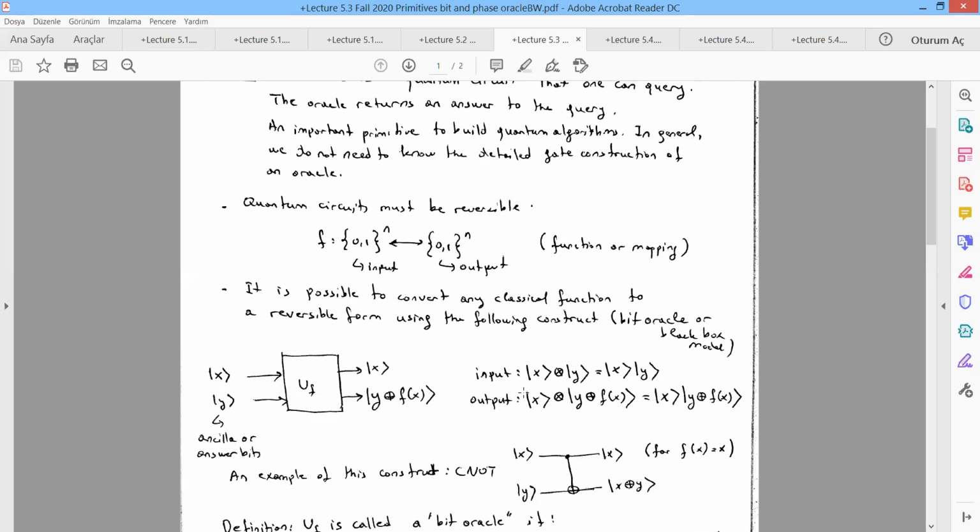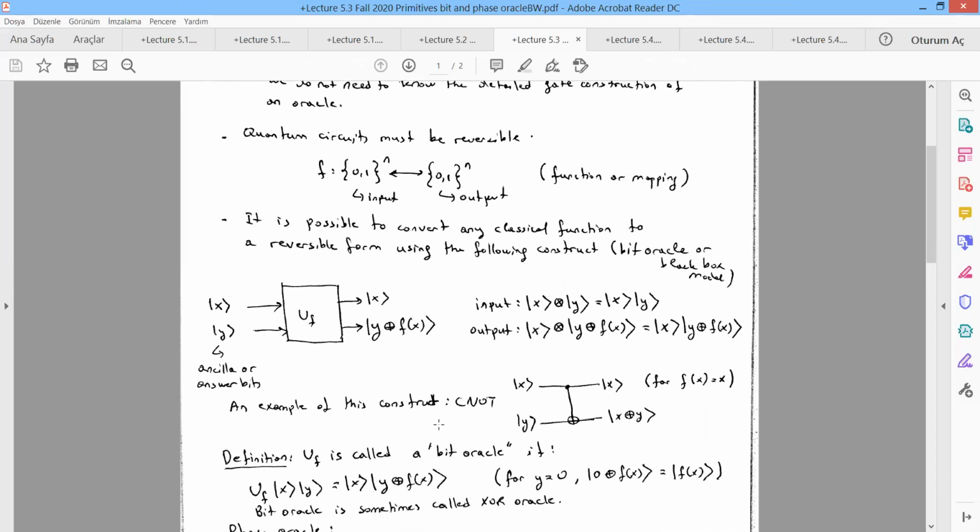So in the input, we have |x⟩ tensored |y⟩. This is our input. And in the output, we have |x⟩ tensored |y plus f of x modulo 2⟩. So this is called a bit oracle. And we have already seen this kind of construct: a CNOT gate can be considered as a bit oracle because in the input we have |x⟩, |y⟩, and in the output we have |x⟩ and |x plus y⟩.